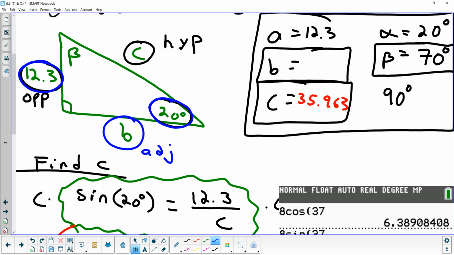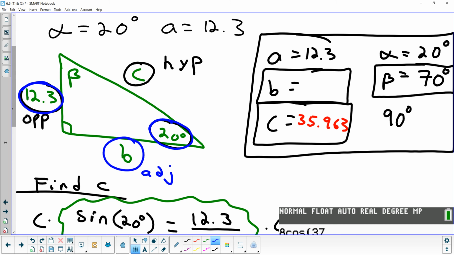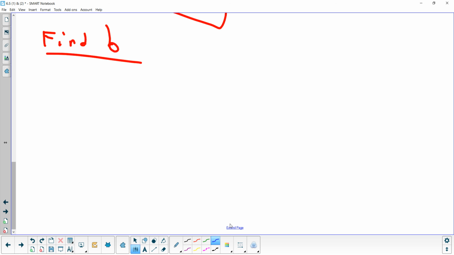Opposite and adjacent. What trig function would I use for those two? Yes, tangent. All right, so I'm going to set it up.